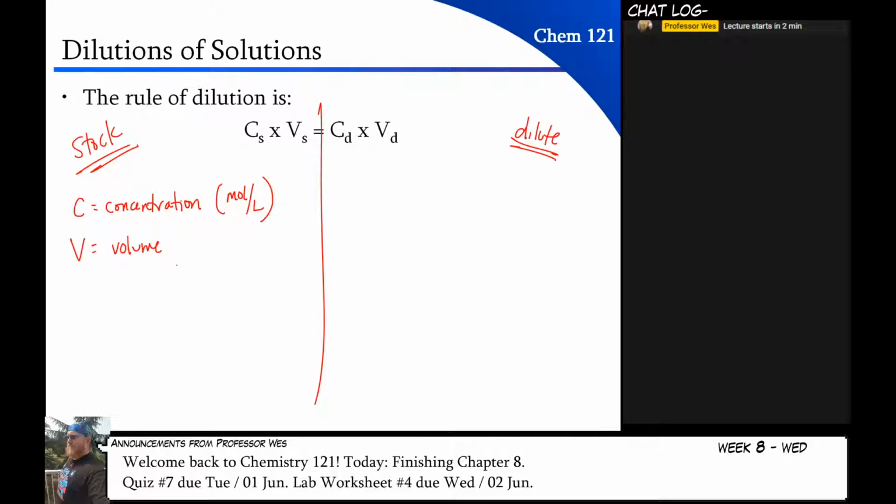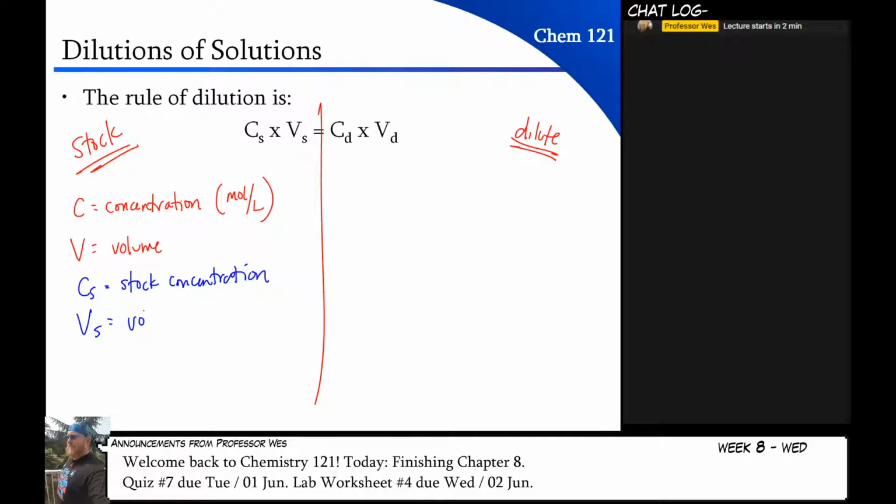So in other words, CS is the concentration of the stock solution. In other words, that's the concentration we have in the bottle that we have. It's too concentrated, though. We need to dilute that.